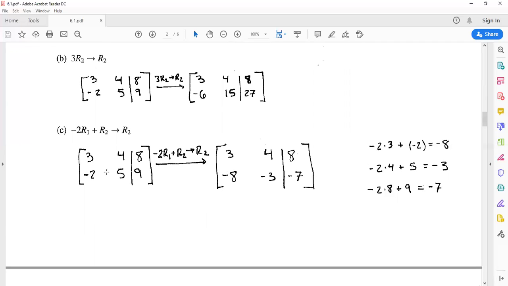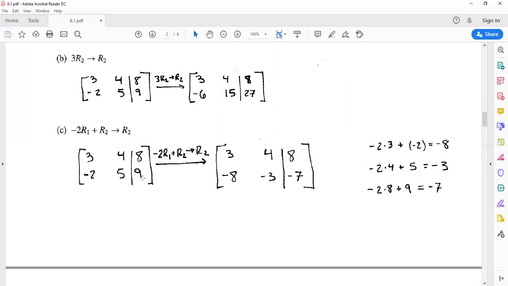In the second column of the second row, we have the number 5. I'm going to take that number 5 and add to it -2 times the number above it, which is 4. So 5 plus -2 times 4 gives me -3. Now I will replace this 5 with the number -3.